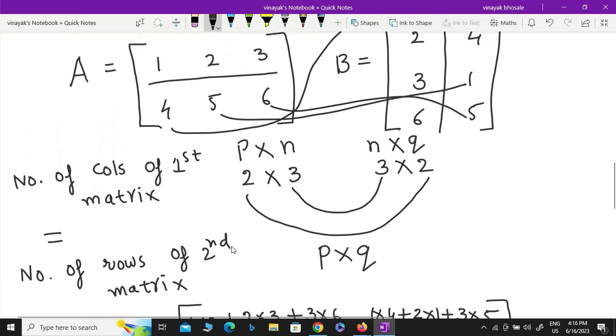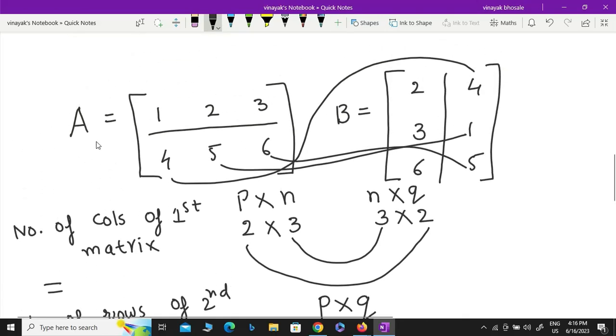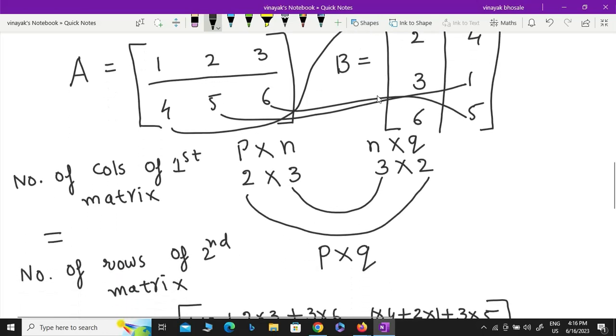As you can see, the number of columns of this matrix is 3, and the number of rows of the second matrix is 3. So then only we are able to multiply these two matrices.